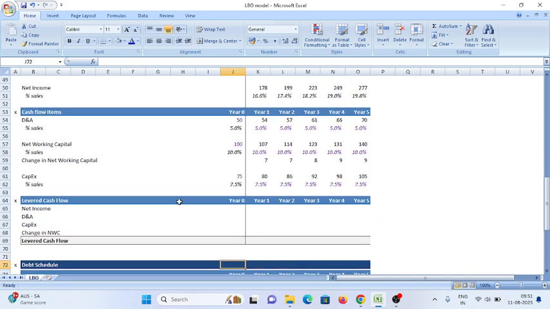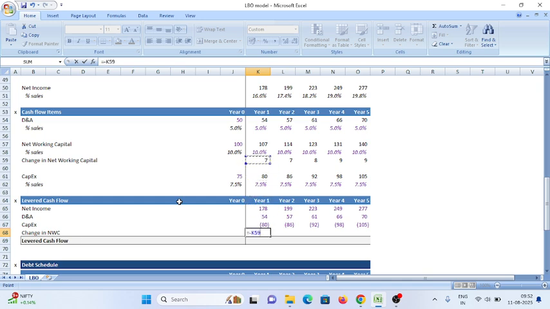The next table we have is levered cash flow. That's nothing but your net income plus D&A minus capex and change in net working capital. We can link because we already have these lines. Then D&A. Then capex we are going to take as negative because it's cash outflow, and net working capital is the same because it's asset minus liabilities, right?